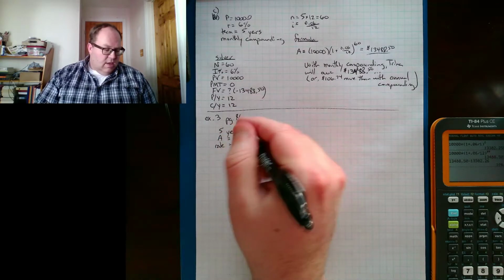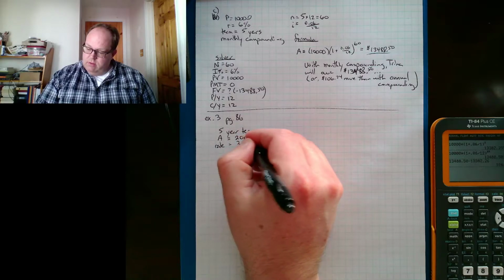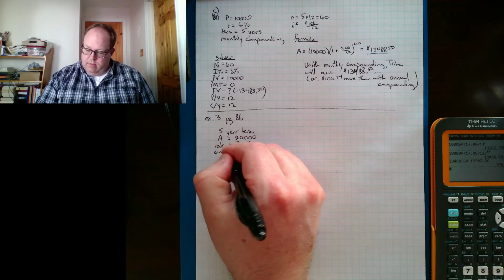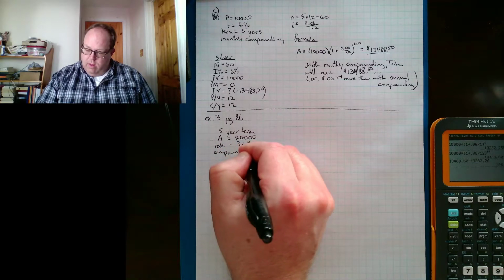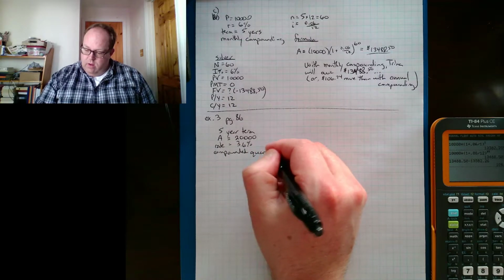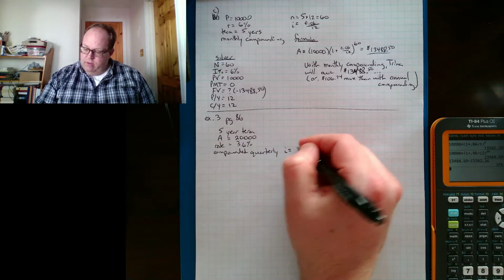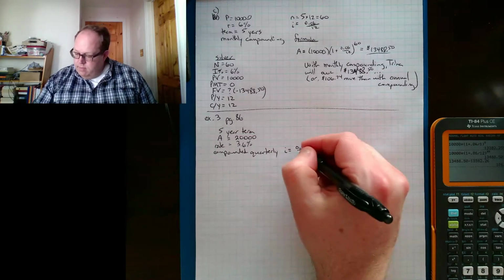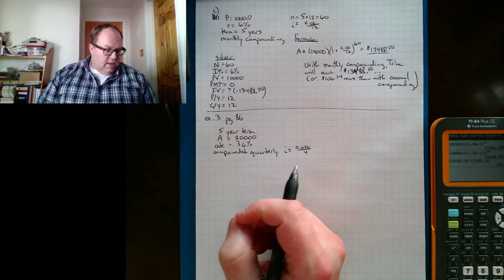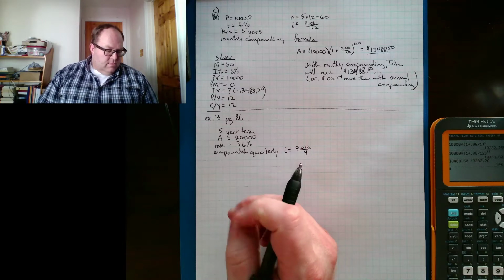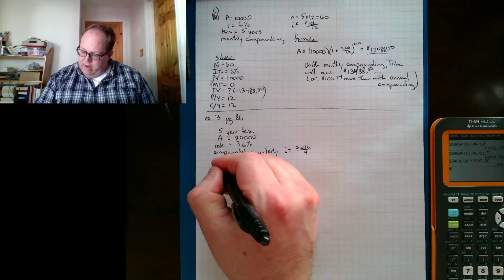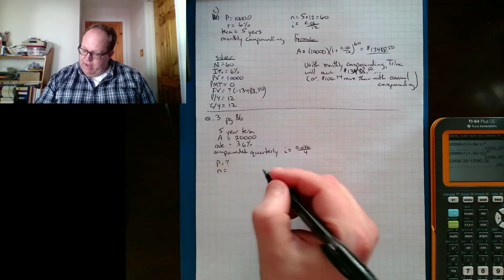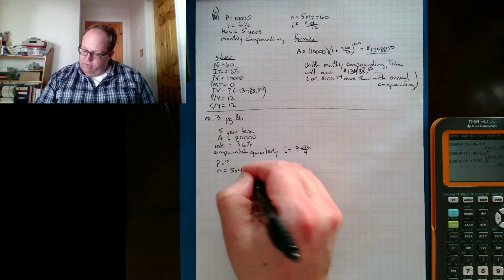This is at a 3.6% rate, compounded quarterly. So this means that my i would be decimal 0.36 over 4, and we're looking to find the principal value. Oh, and if it's compounded quarterly, that means my n value is going to be 5 times 4, or 20.